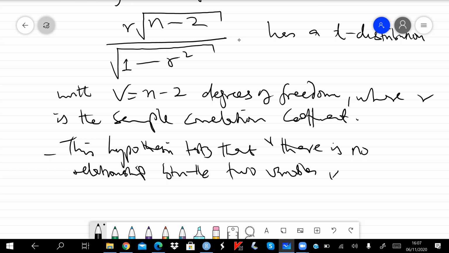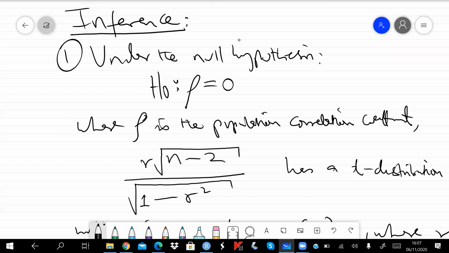If there's no relationship between the two variables, it means that the correlation is equal to 0, because covariance will also be equal to 0 in that case. So that's the hypothesis we are testing. Then of course, the alternative hypothesis can take any of the three formats explained a little bit earlier. Okay, so that's the first scenario, number one.